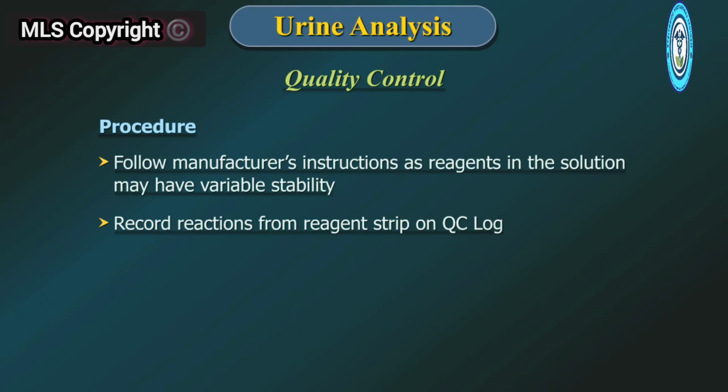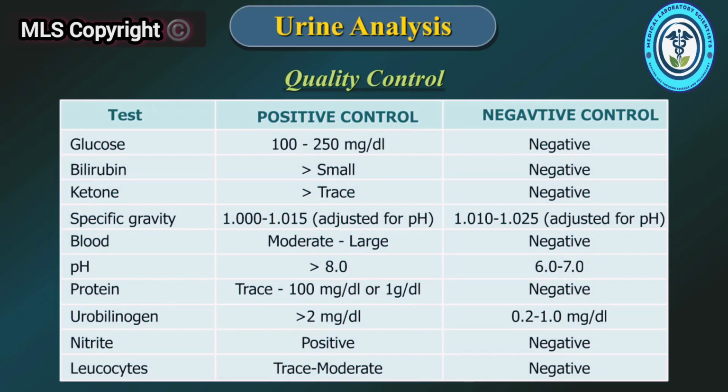In case of positive findings, strip results should be counter-checked by manual tests. The table shown on the screen shows the values of the positive and negative control strips. These values will vary as per the manufacturer and are provided in the control insert.